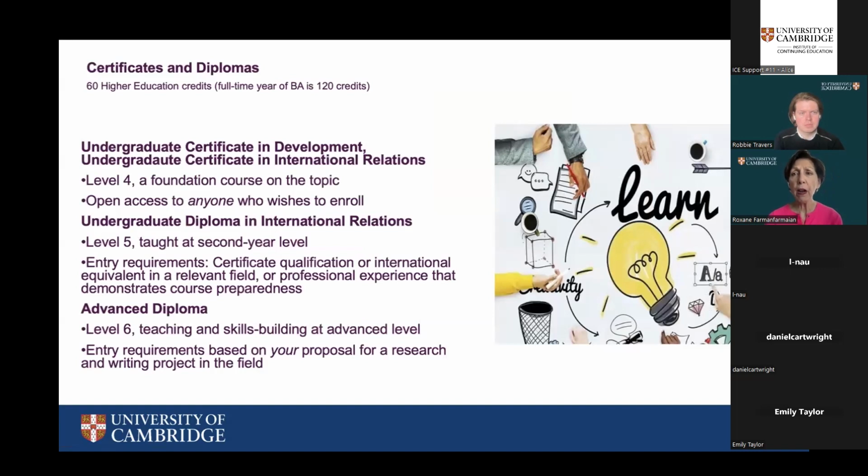And that means that they are more or less a course that provides an important introduction to the entire field, looks at a number of different topics, provides foundational readings, and we likewise are open to having anyone enroll on these courses. So you don't have to have prior knowledge about either international relations or international development.